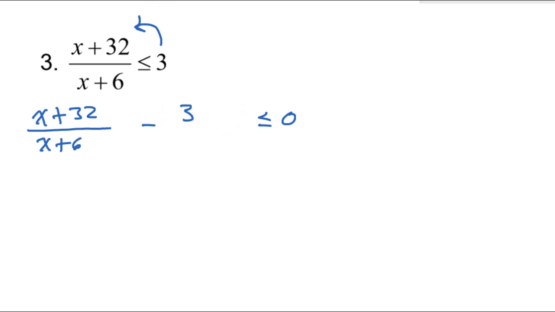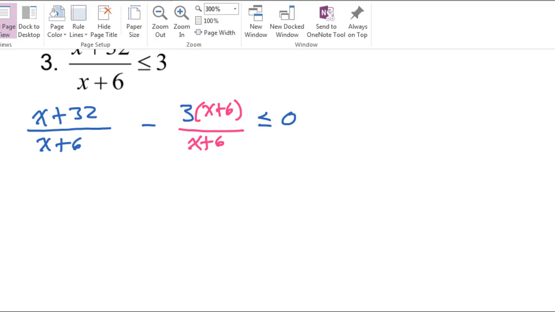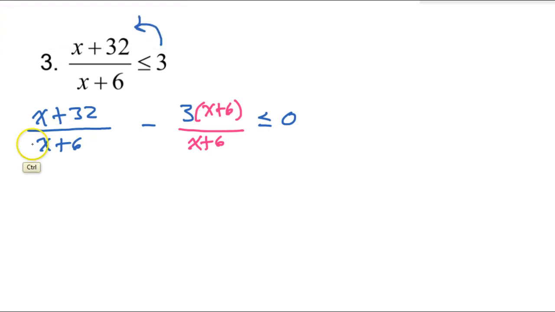Now, I need to start by solving the related equation, though, and I need like denominators to solve this equation. So I need an x plus 6 in the numerator and the denominator. That way I have like denominators. And once I have like denominators, I can cancel these out.